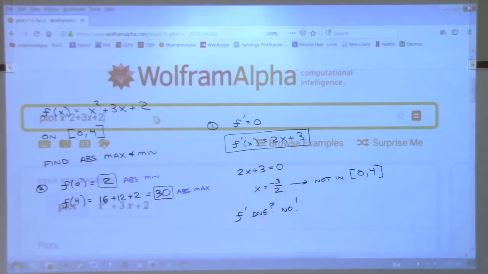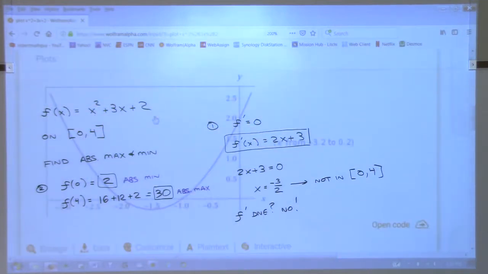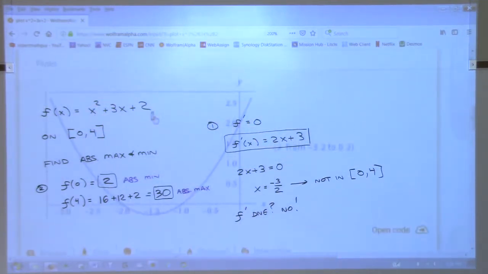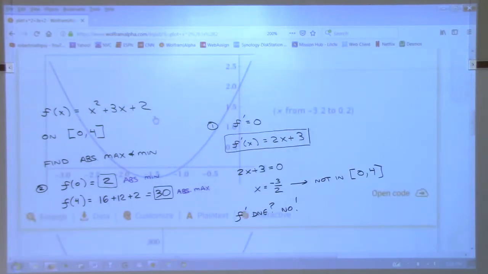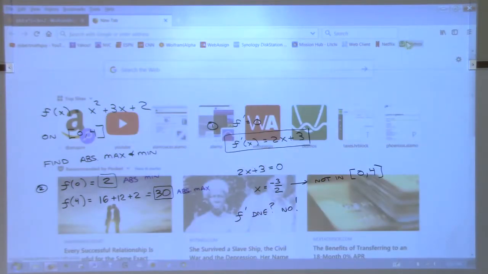Now, I just graphed it again, but this time I didn't do it on a closed interval. So there's the parabola, right? Let's see if Desmos is back. Nope.